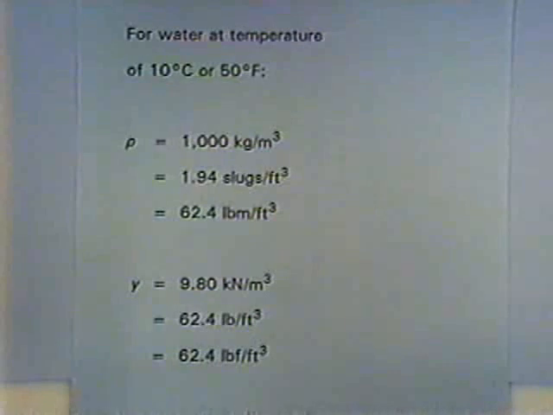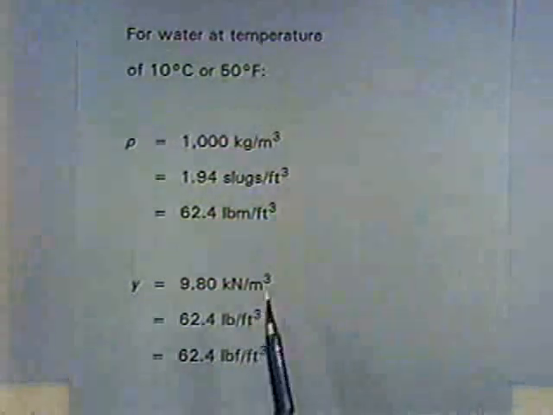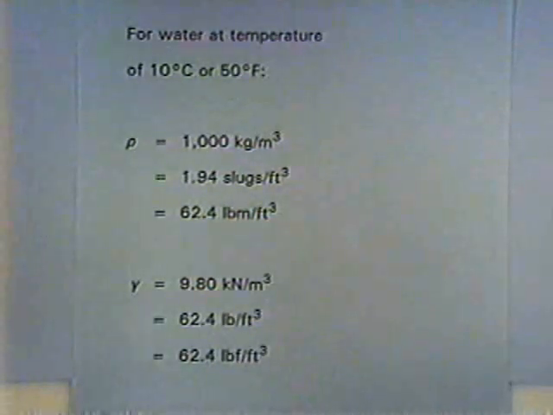However, density and specific weight really are not that sensitive to temperature. They don't vary that much, and so at a reasonable temperature that you would expect in engineering situations, we assume, if it's not given in the problem statement, maybe something like 10 degrees centigrade or 50 degrees Fahrenheit, this set of numbers here, where I've got density of 1,000 kilograms per cubic meter and a unit weight of 9.80 kilonewtons per cubic meter.